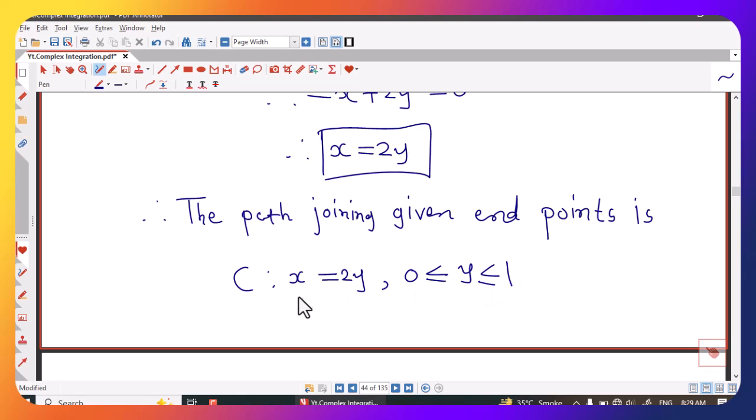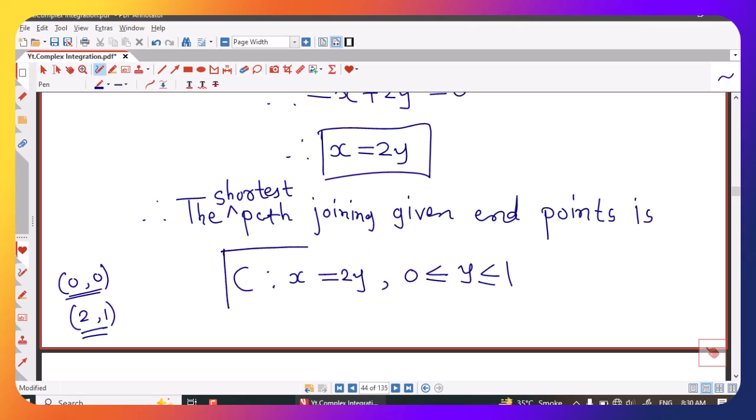For y equal to 0 we will have x equal to 0, that gives us the first endpoint. For y equal to 1 we will have x equal to 2, so that gives us the second endpoint. So this is the representation for the line segment joining the given points z equal to 0 and 2 plus i, and this is the shortest path because we have to integrate along the shortest path.